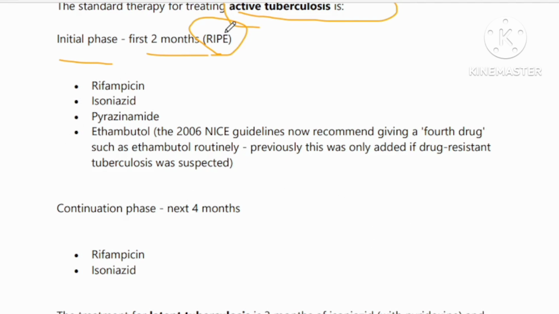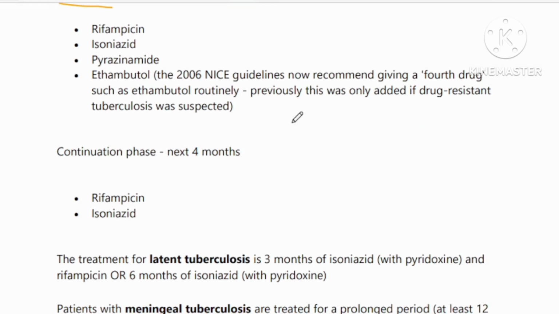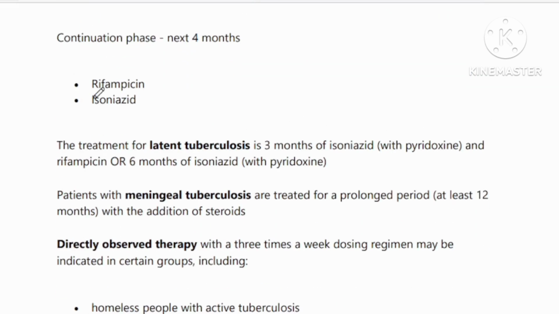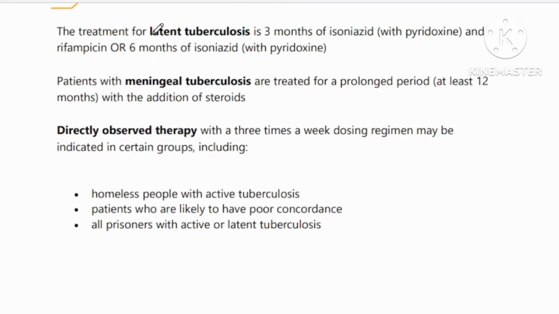Ethambutol is now counted in the standard treatment, but formerly it was added in drug resistant conditions like MDR or HDR. The continuation phase is for the next 4 months, and rifampicin and isoniazid are used.